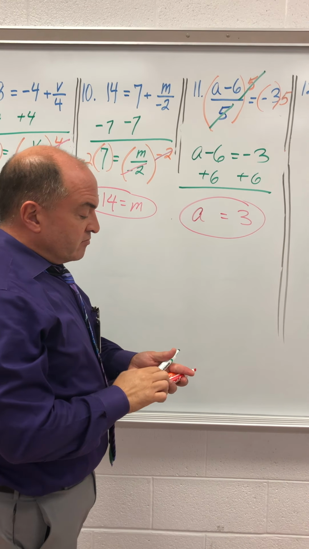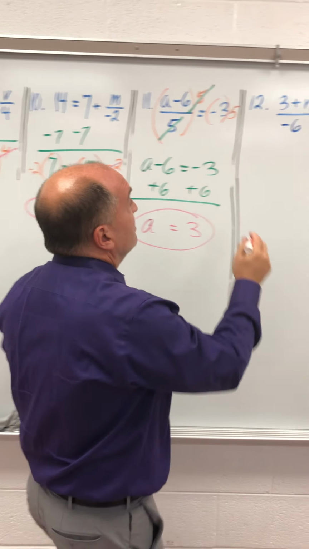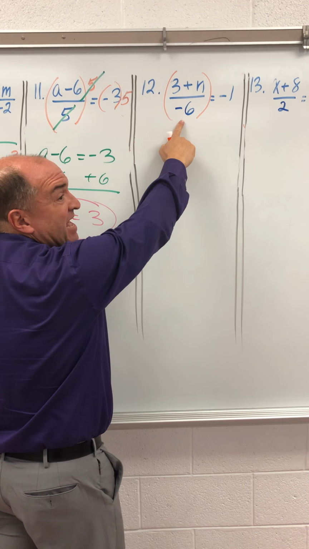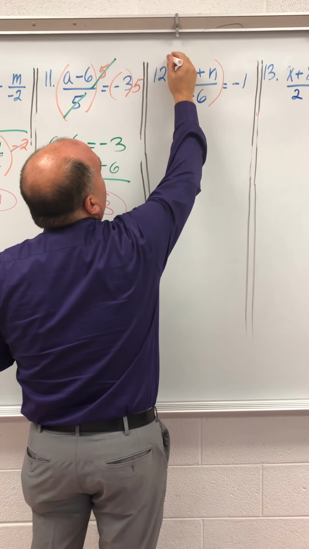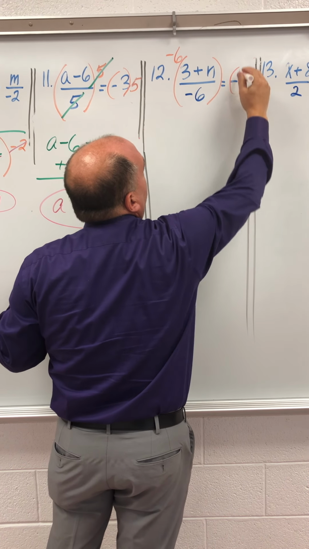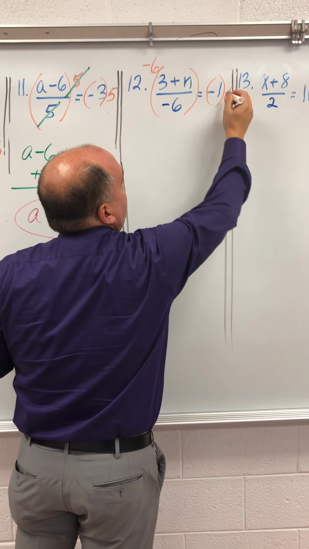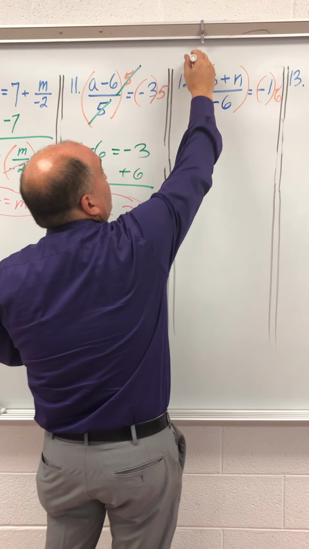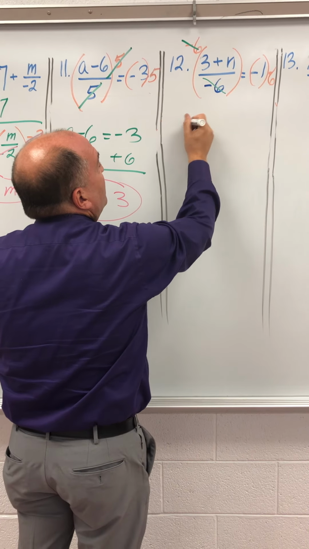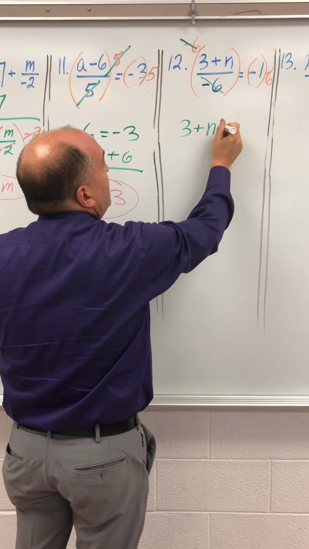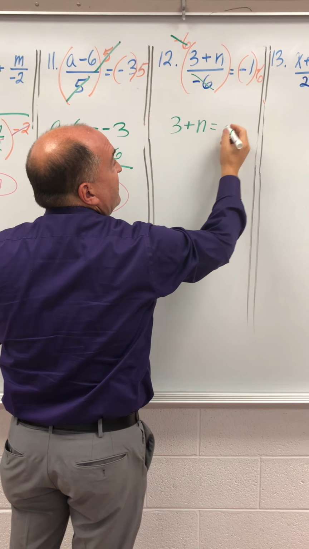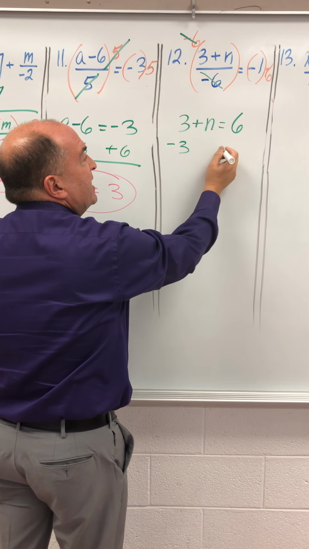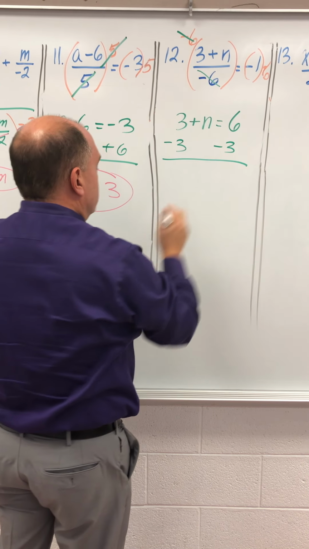Over here. Same thing. This time I got a negative. Ugh. Okay. Negative 6 over here. Negative 6's cancel. I've got 3 plus n equals negative 1 times negative 6, which is positive 6. Minus 3 from both sides.